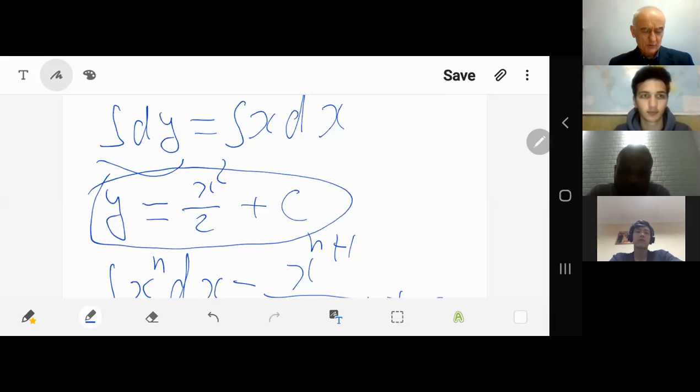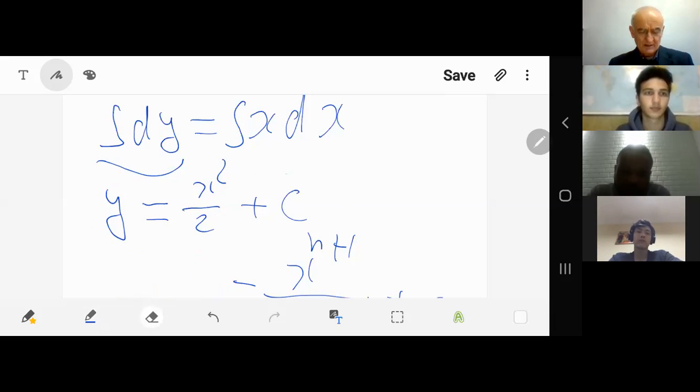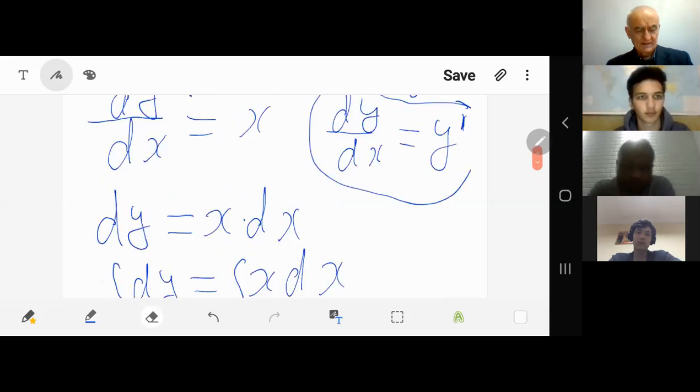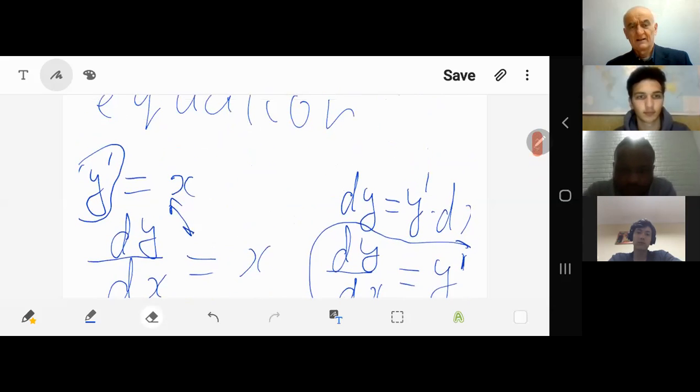And if we want to check, is our solution correct? How can we test it? We can plug our function into this first equation, and if we get x, it means this function is indeed a solution.